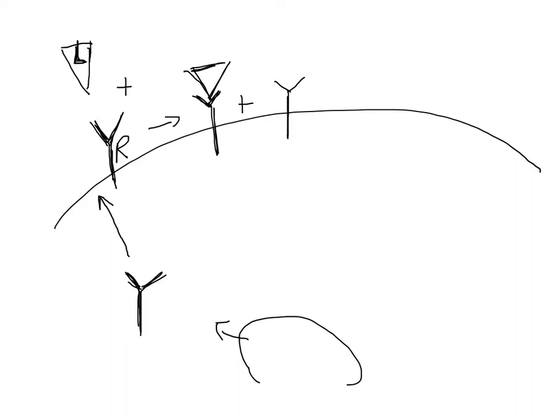So we might have a situation where we have something like that. And these two dimerize. And very often what we find is that it is the ligand receptor dimer, and I'll draw it like that, something like that, with two ligands bound.